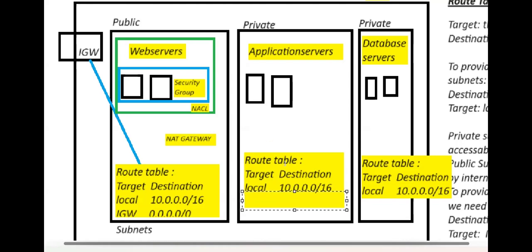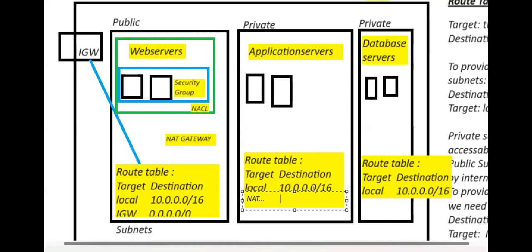How will the route table look? Your target is the NAT gateway, something like nat-123. Some code will be there, which represents the NAT gateway ID.